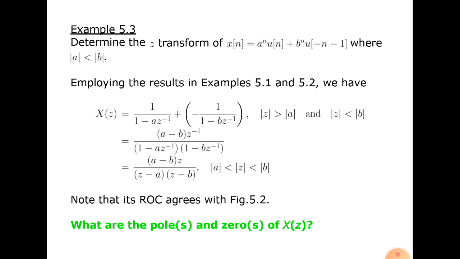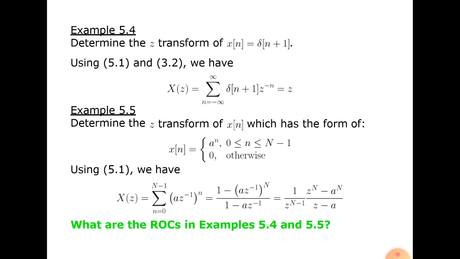The next step is to take the LCM of both terms and cancel common terms. So a minus b into z inverse divided by 1 minus a z inverse and 1 minus b z inverse is equal to a minus b into z divided by z minus a into z minus b, where modulus of a is less than modulus of z, which is less than modulus of b. So note that the ROC agrees with figure 4.2.